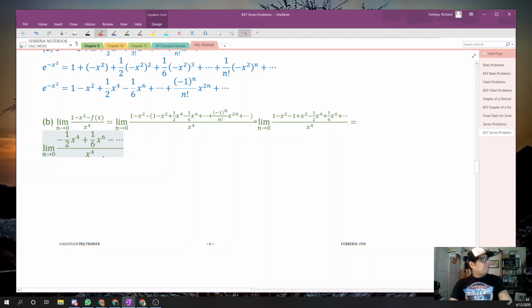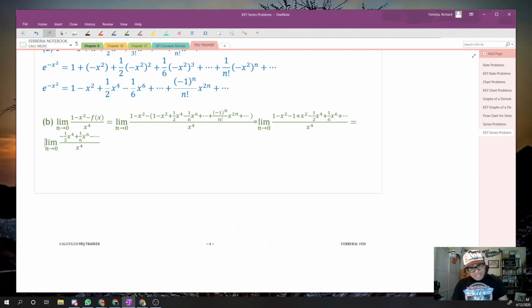Now, that may or may not look nice to you. It looks pretty good to me because, as I'm reading this, I see that the x to the fourth in the denominator is going to cancel out 4 powers of every term.